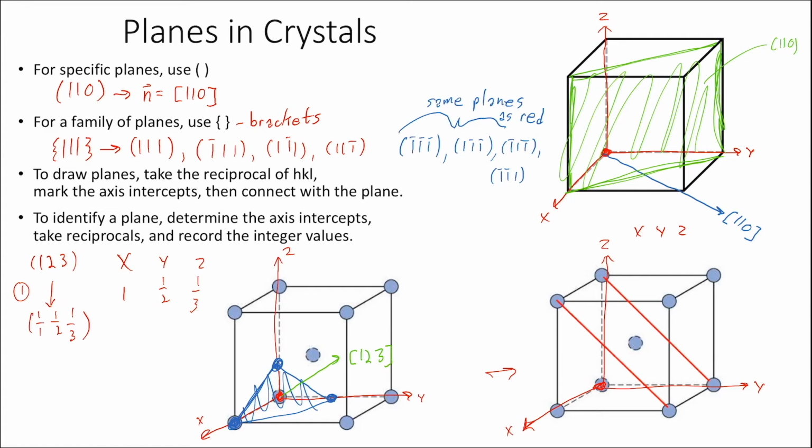It doesn't, so it's 0. For y, where does it intercept? It intercepts at 1, and for z, it intercepts at 1 as well. Then we invert the indices, and it's just 1 over 1 and 1 over 1. So we're left with the specific plane 0, 1, 1. That's how you go through the process of seeing it and then figuring out the specific plane.